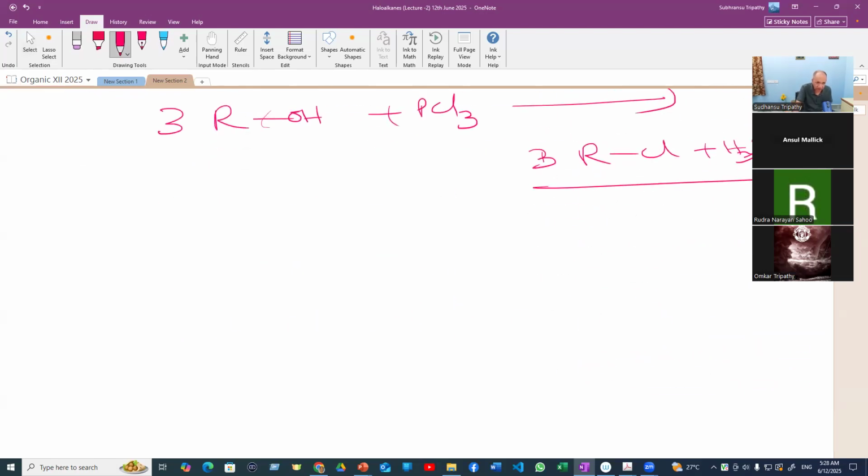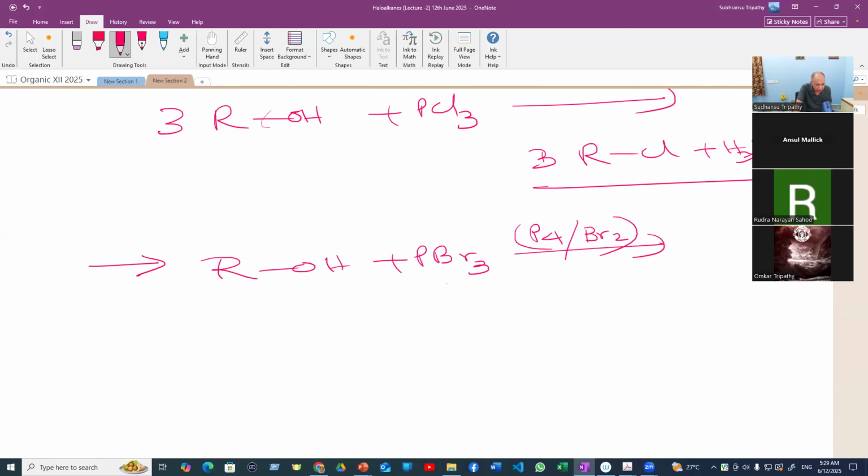But for bromide, PBr3 is not marketed. You can get PBr3 in situ by combining red phosphorus with bromine. It will produce PBr3, and the same thing will happen. There will be 3 RBr plus H3PO3. H3PO3 is the common product.